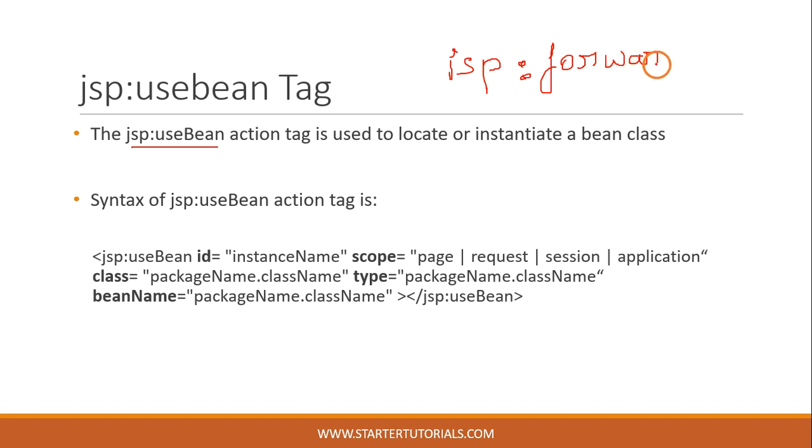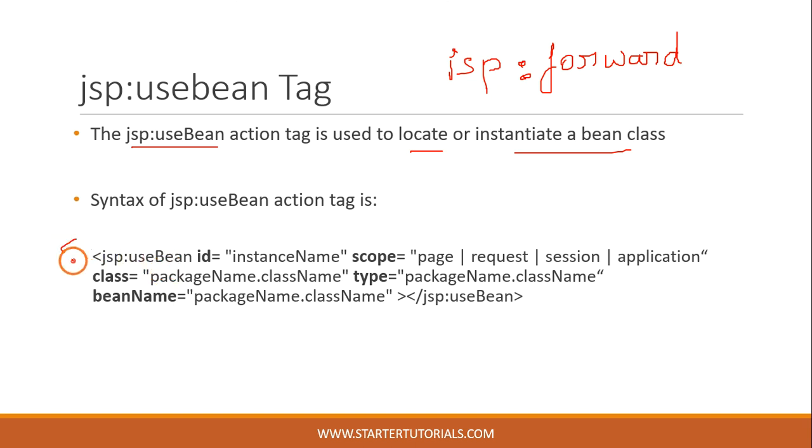To send the control, or shift the control, from one page to another resource. This is another action tag, called the useBean tag. What is the use of this? It is used to locate or create an object for a bean class.